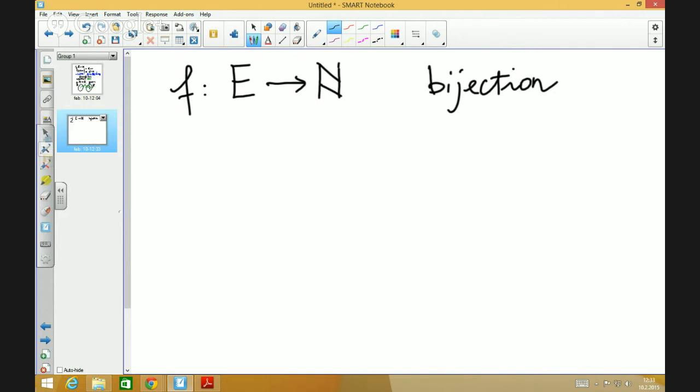Okay? So what is this function? Your colleague is saying divide by 2. So f of 2n goes to n, for every n greater or equal to 0.